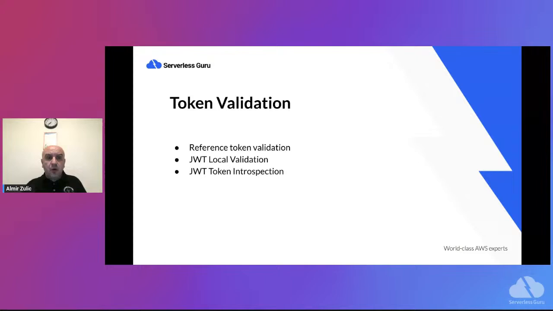For JWT there is a full library, so you don't need to deal with all the crypto hash stuff that you might or might not know. That is abstracted from you, and it's a good idea just to use a library.